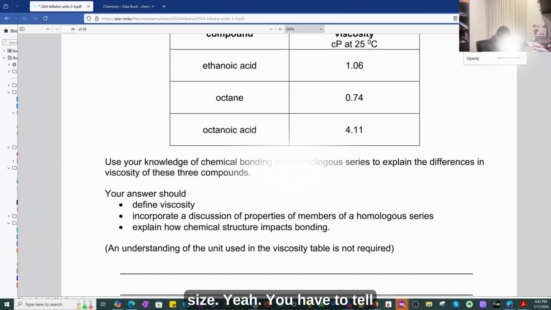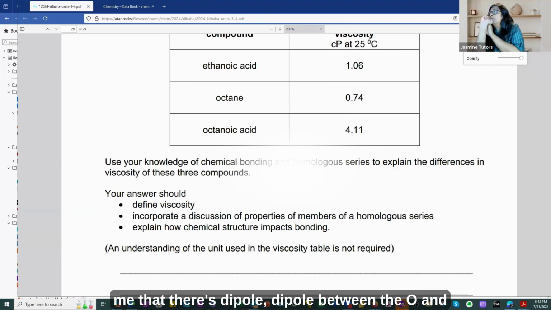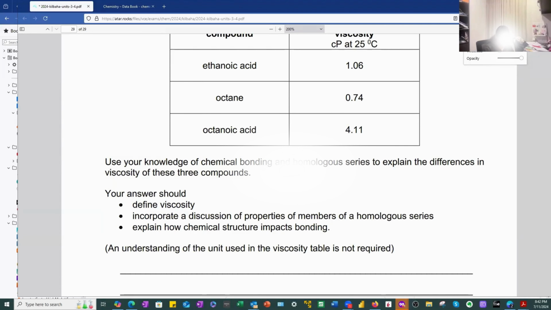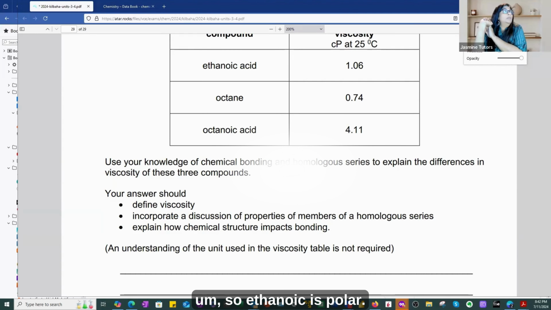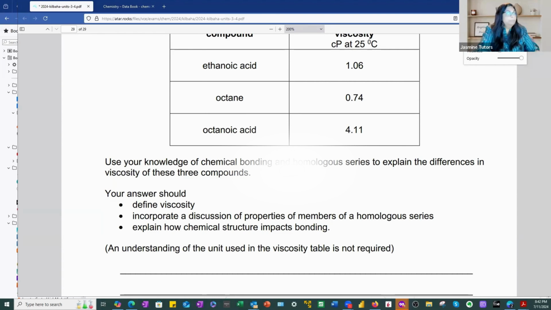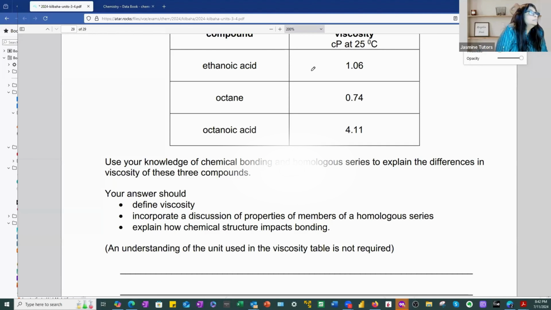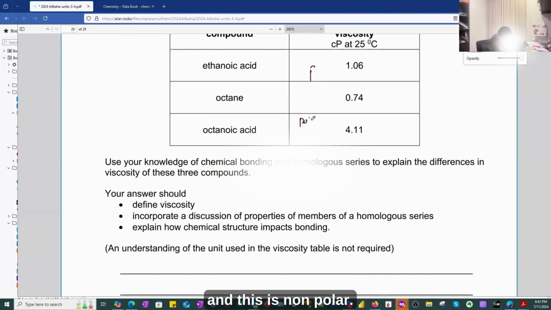You have to tell me that there's a dipole between the O and the H for ethanoic acid, so ethanoic acid is polar. This is polar and this is non-polar.